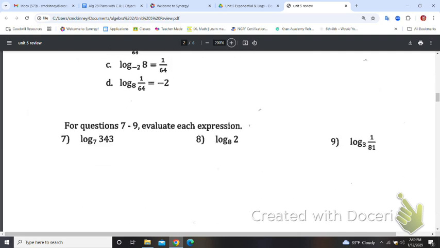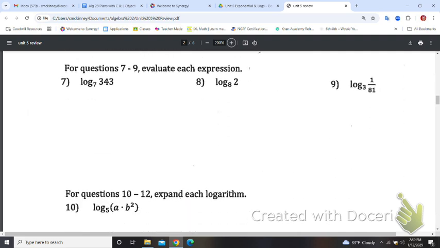Scrolling on down the page, these say evaluate. So again, evaluate, value. We should get a number answer. And personally, I think to myself here, I know that 7 to the 3rd power is 343, so this is equal to 3. That's what I'm looking for.